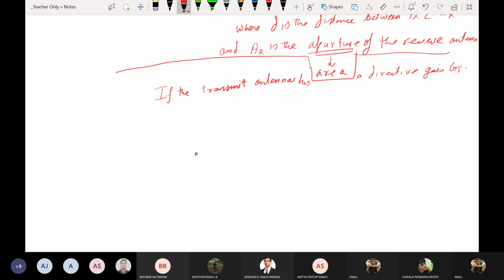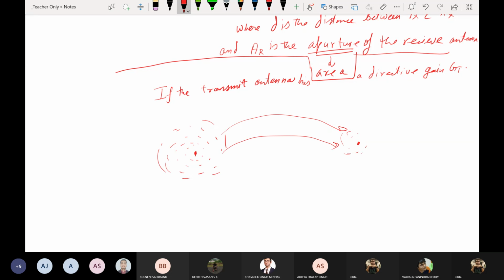So antenna, for communication people, is like a point source. This is the transmit antenna that is releasing electromagnetic waves, and this is the receive antenna.